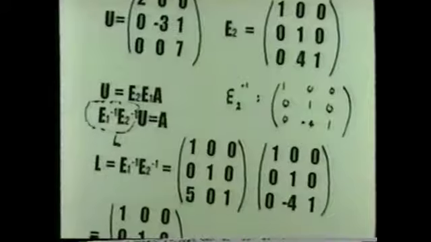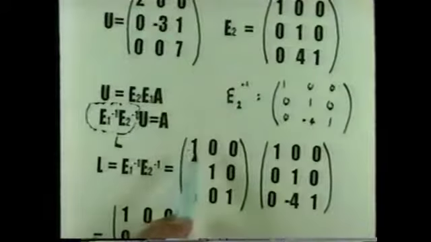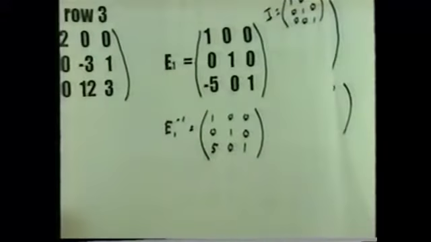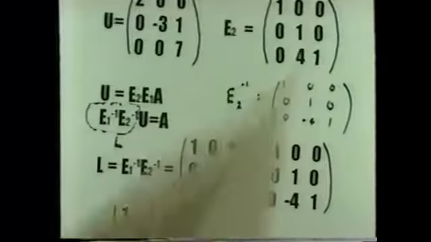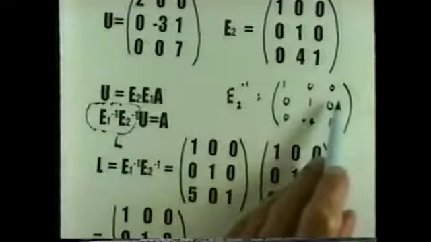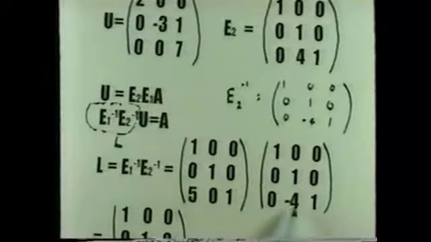Now look back in your notes, and you'll see that E1 inverse was 1, 0, 0, 0, 1, 0, 5, 0, 1. And you can still see E2 inverse: 1, 0, 0, 0, 1, 0, 0, negative 4, 1.